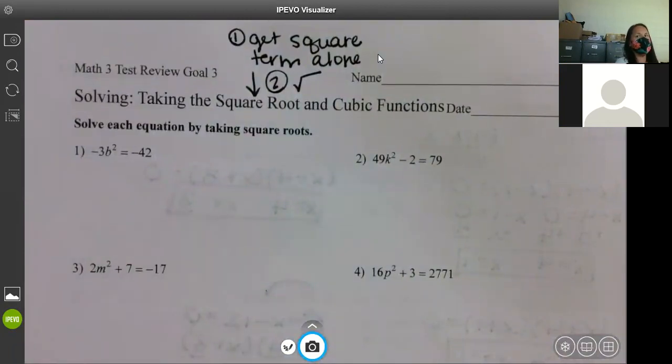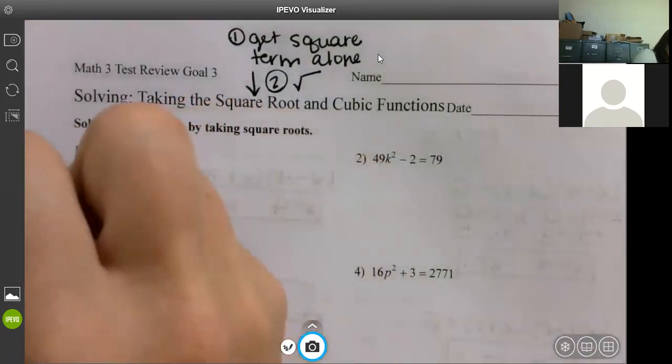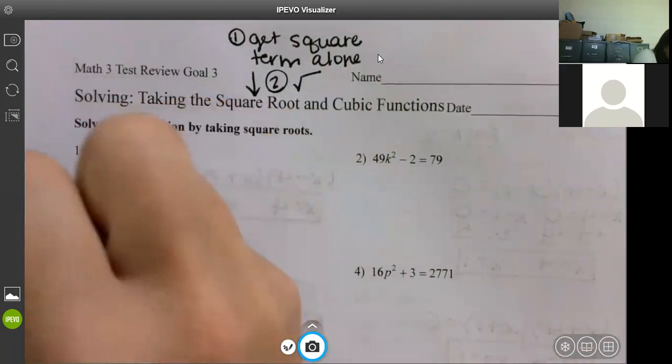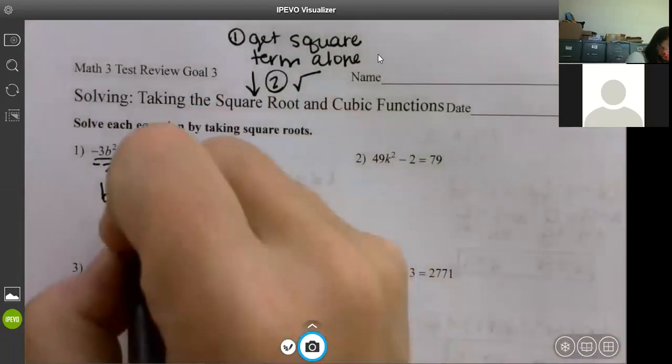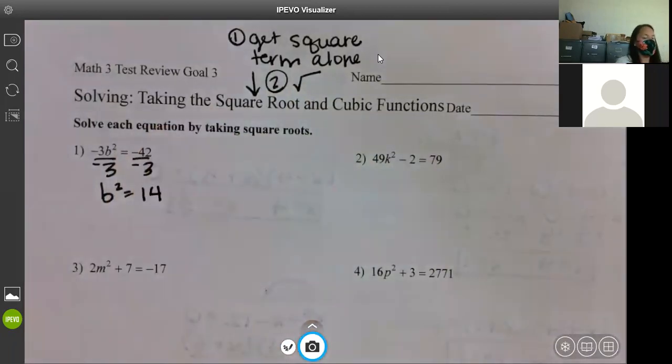All right. So on number 1, how do I get that square term by itself? Divide by negative 3. I get b squared equals 14.